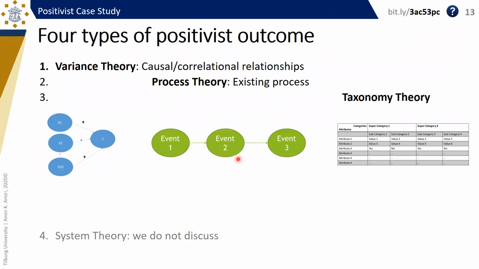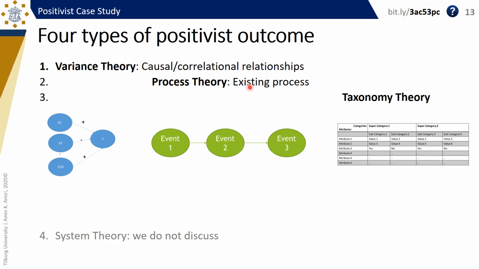Okay. We have 4 types of positivist outcome. Variance theories, as you can see here, include constructs and causal or correlational relationships between these constructs. Another type is process theory.